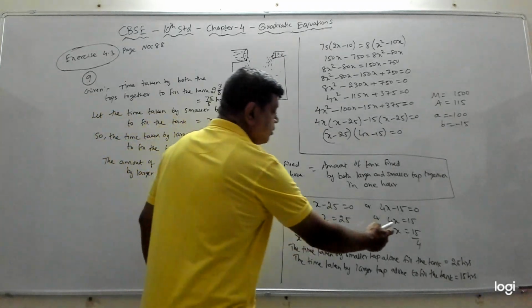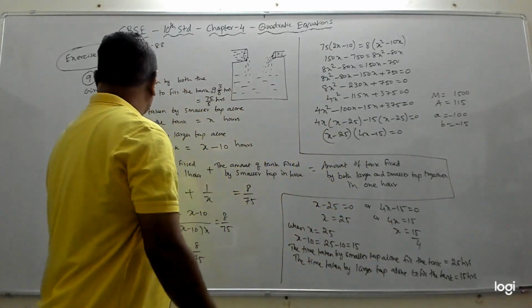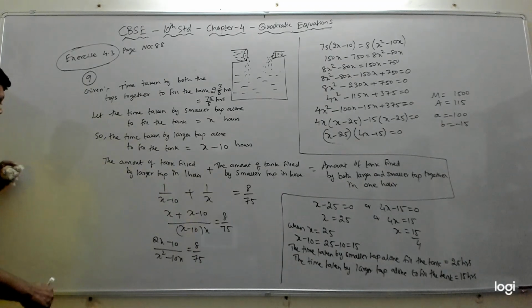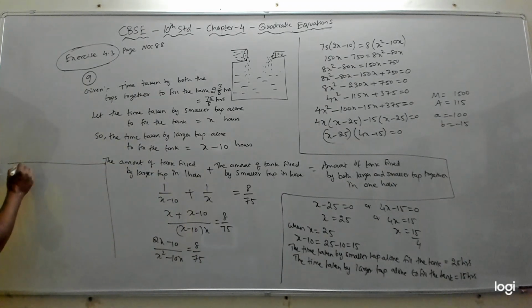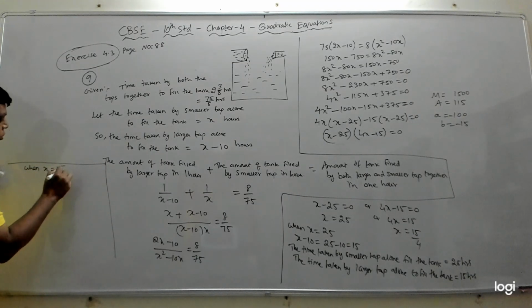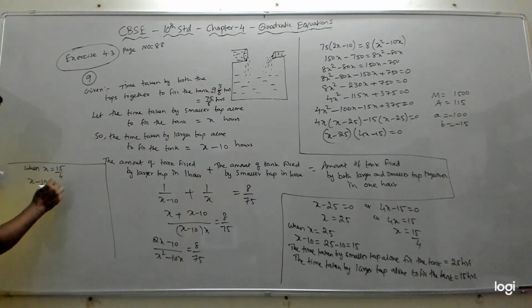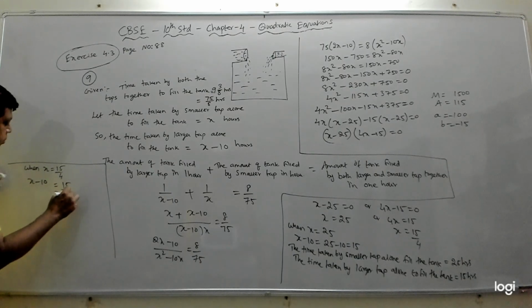Now we have to take this case when x is equal to 15 by 4. So I'll do that case here. When x is equal to 15 by 4, what is our x minus 10? Let's calculate. X minus 10 is 15 by 4 minus 10.